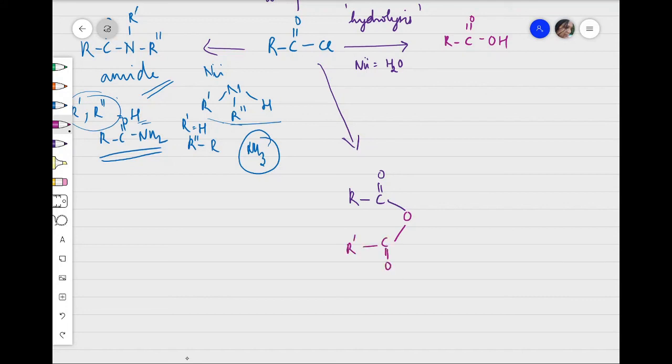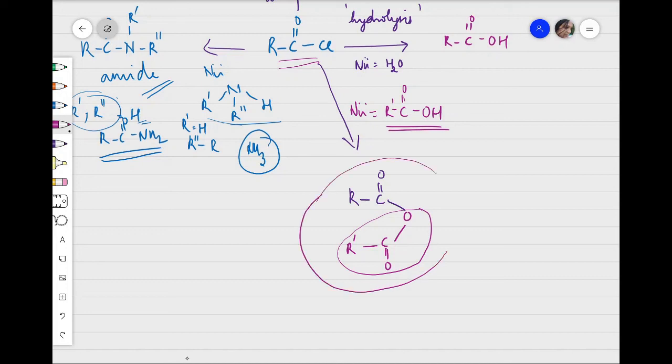In this case, this is part of the nucleophile. So who is my nucleophile here? It is definitely the acid, C double bond O, OH. So if I treat my acid chlorides with an acid, here the nucleophile will be my acid, and it will give me an acid anhydride as the product.